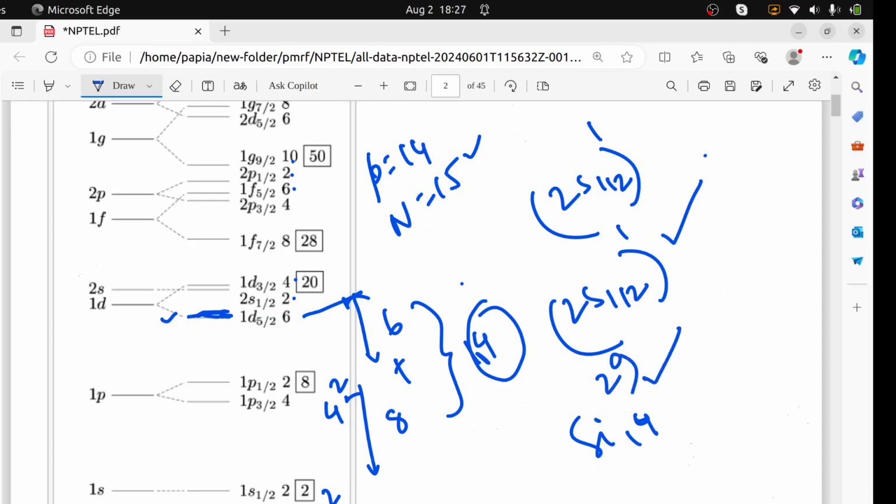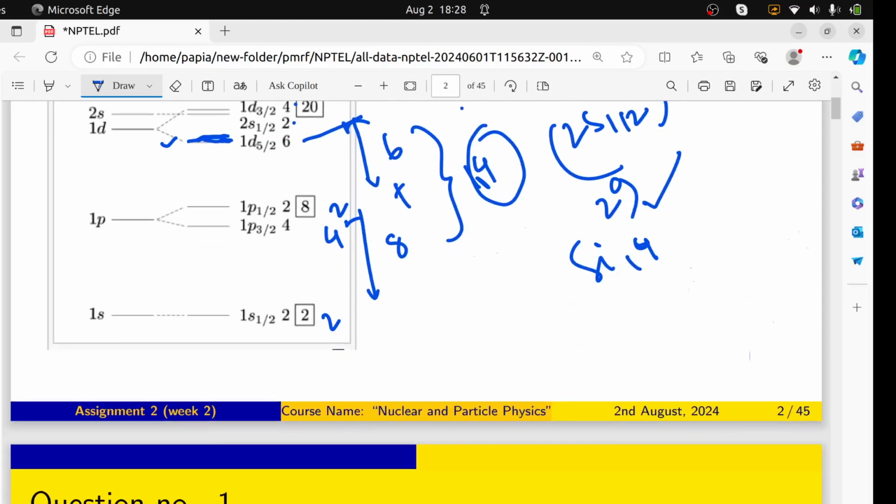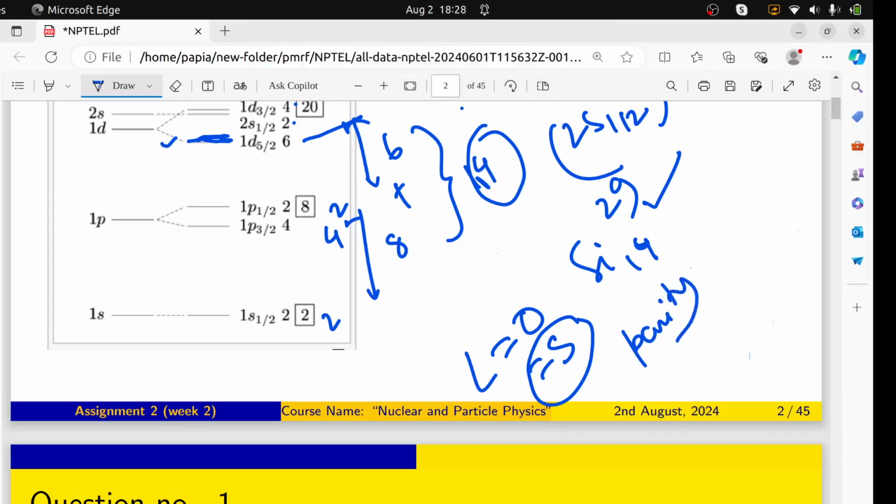So our L will be 0, because L is 0 for an s state. So parity will be (-1)^L, that means (-1)^0, which gives us a positive value. That means it is giving us even parity.